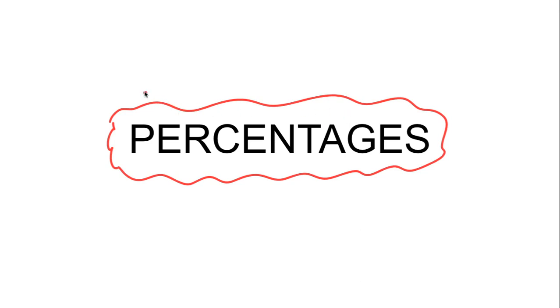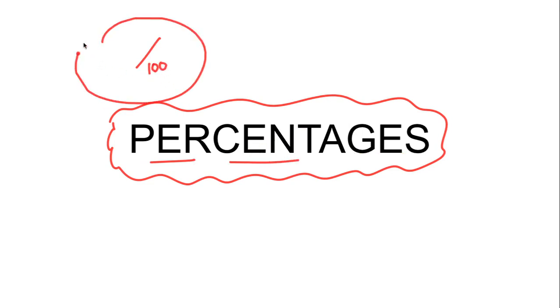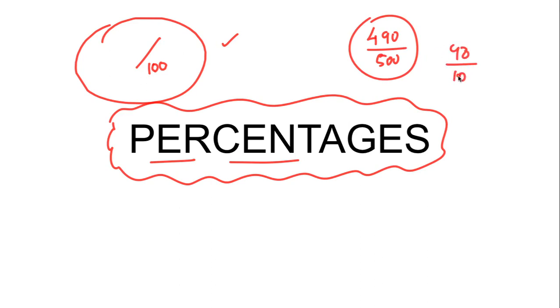Okay, so first, percent. The meaning of percent is: per meaning out of, cent meaning 100, out of 100. So converting everything out of 100 is actually percentage. For example, if a student scores 490 marks out of 500, just convert it out of 100, right? We'll get it as 98 out of 100, correct?